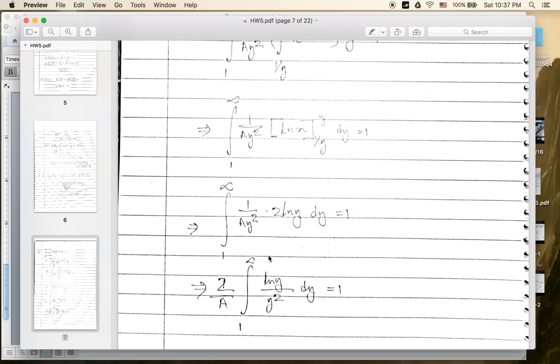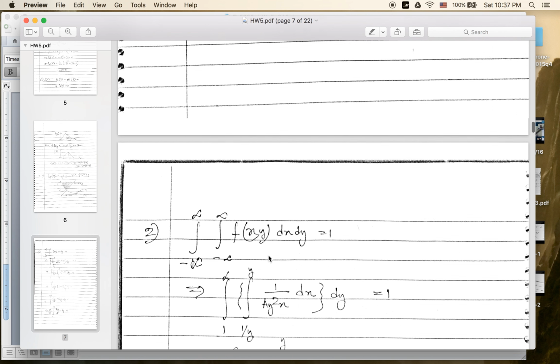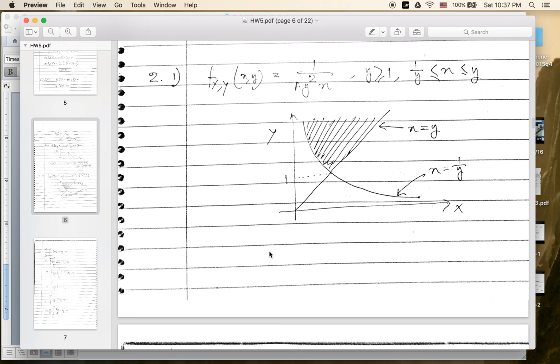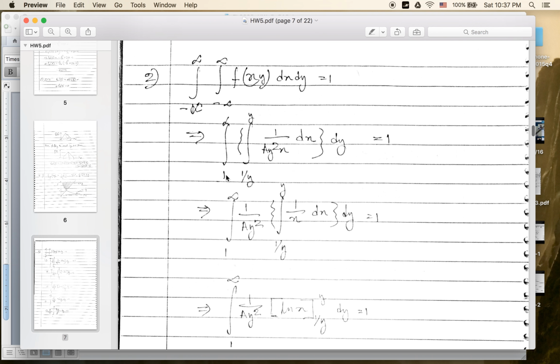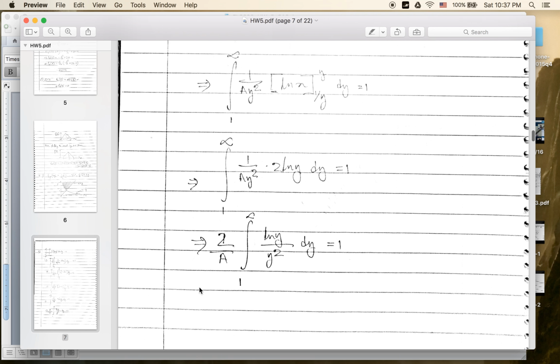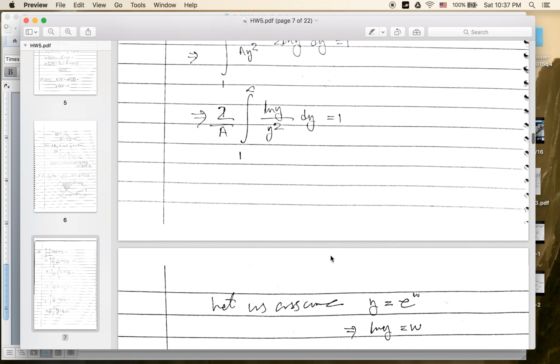Why is that so? Because as we can see, y is defined only greater than or equal to 1, so this limit is actually from 1 to infinity. So now we integrate, integration 1 to infinity ln y by y square dy. So we change the term.